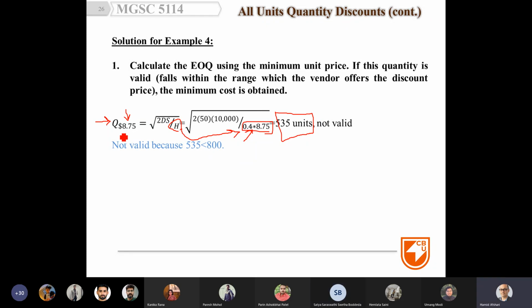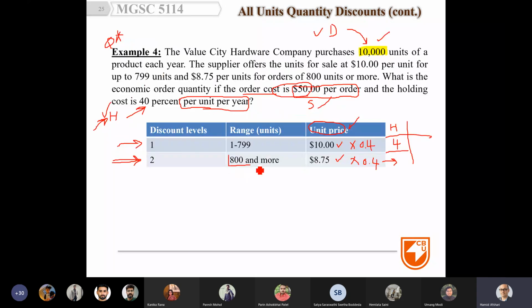How much is Q star? 535 units. Is it valid or not? Do you remember I told you that I should explain how to identify if it is valid or not? Is 535 units in the range between 800 and more? Because if you buy in this range, you will be qualified for $8.75.